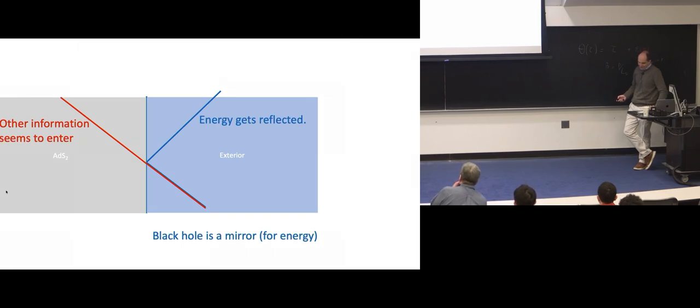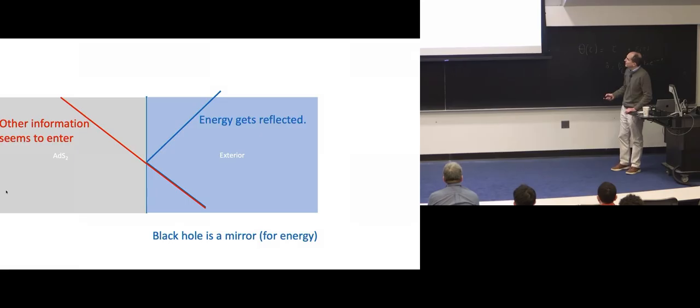And this is just trying to explain a little more what's going on. So here, we imagine we send in from the exterior some excitation into the AdS2 region. Let's imagine this in, let's say, Poincare coordinates. So we are finding that the energy contained in this excitation, here I try to denote this in blue, gets reflected immediately.